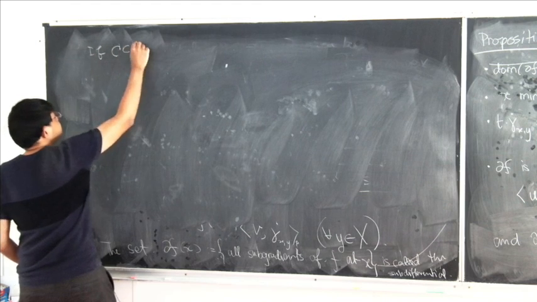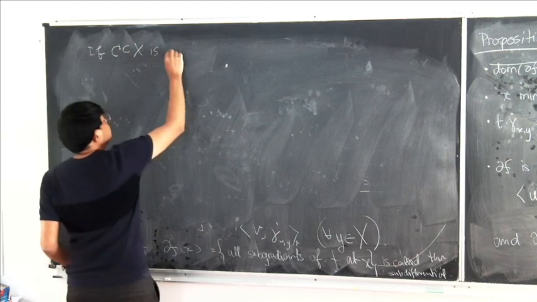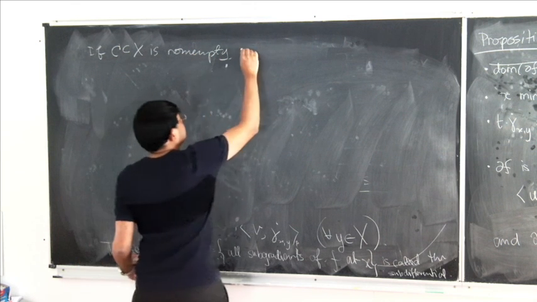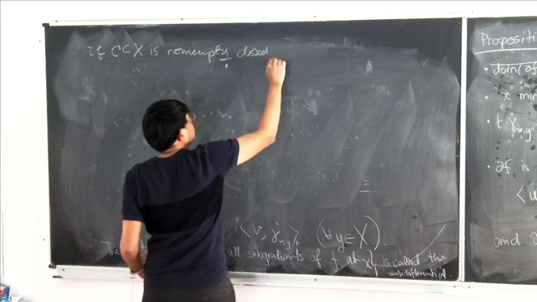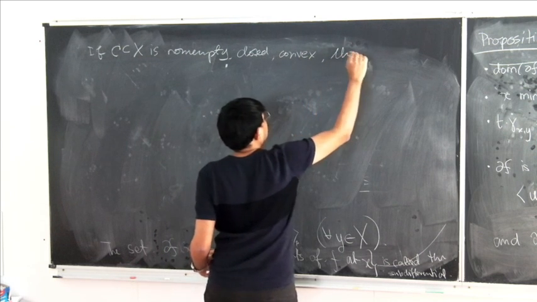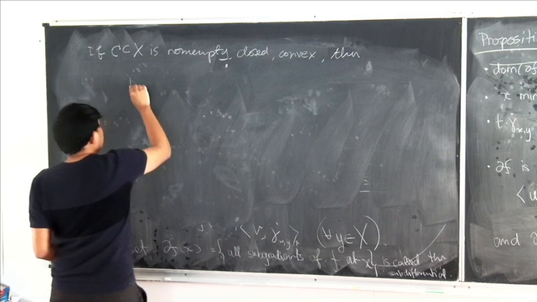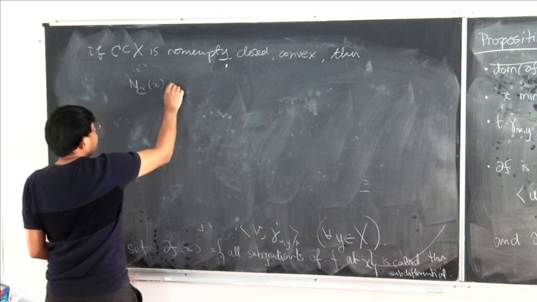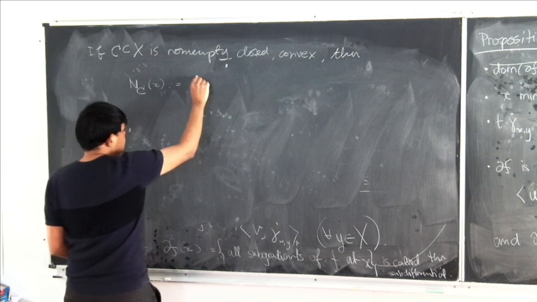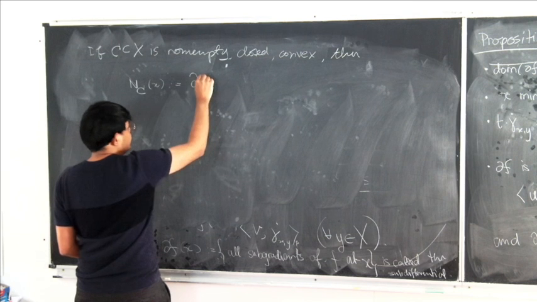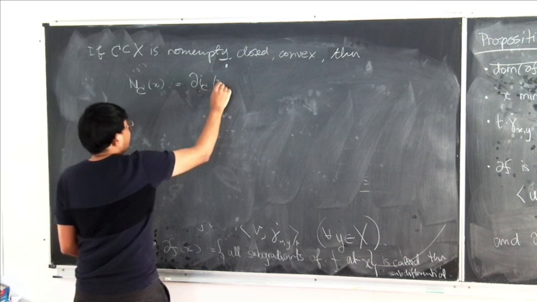So if C is a subset of X, non-empty, closed, convex, then the normal cone of C at the point x is defined to be the subdifferential of the indicator function of C at x.